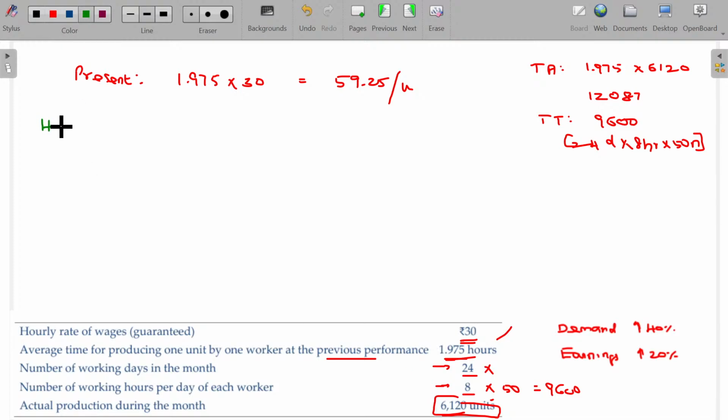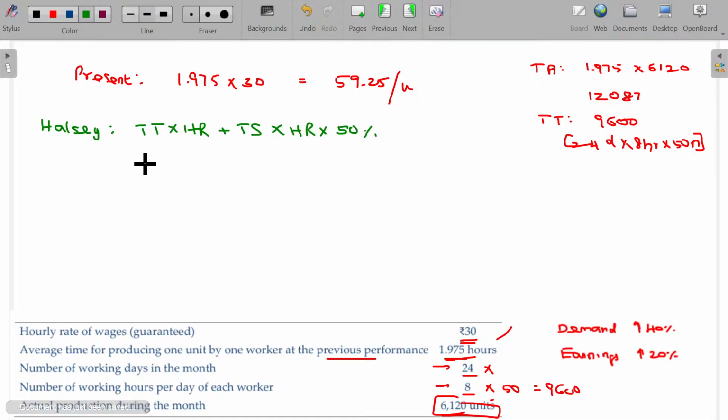If I apply the Halsey plan, the formula being time taken into hourly rate plus time saved into hourly rate into 50%.